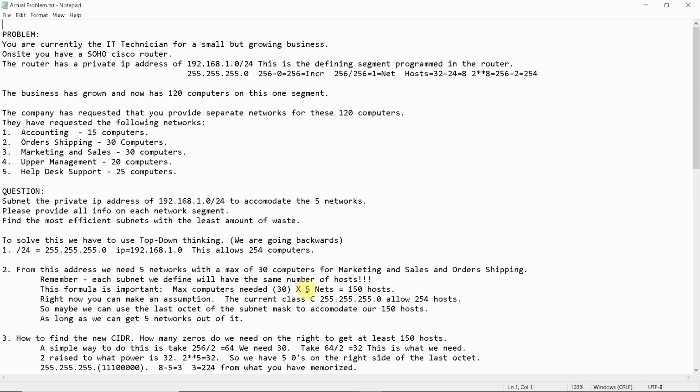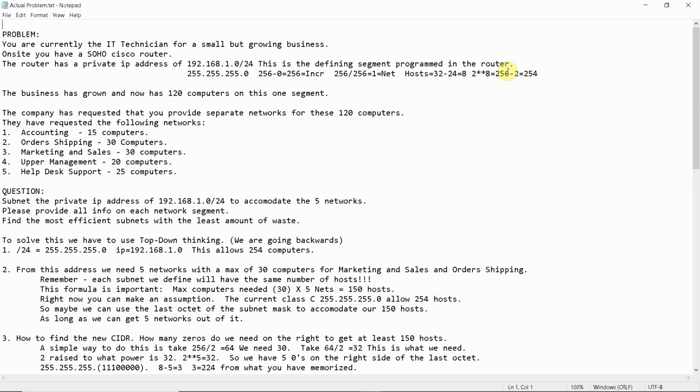We know we have 5 nets here, and we can find this from up here. We're going to split it up into 5. So we have the 30 computers for marketing and sales, and each subnet we define will have the same number of hosts. So max computers needed is 30 times 5, which is 150.